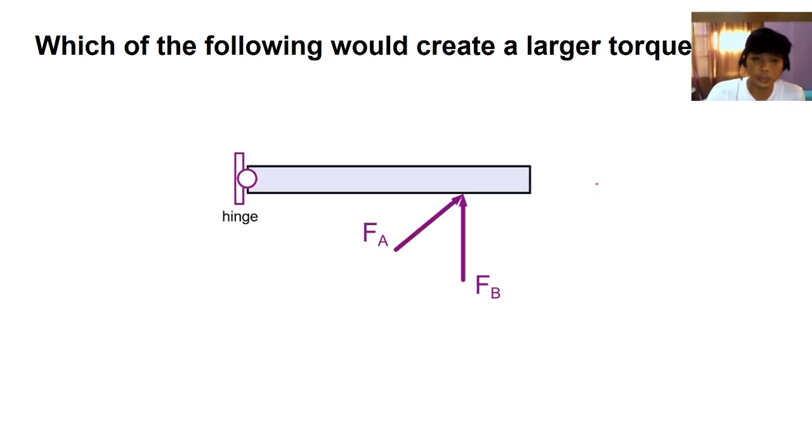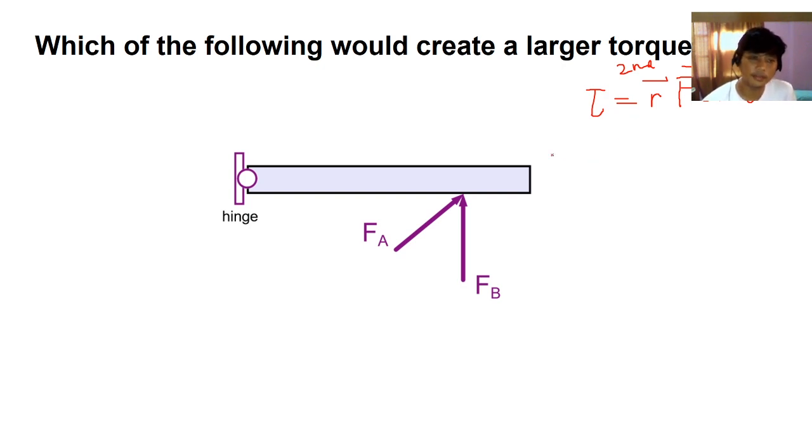Anyway, how about this? Which of the following would create a larger torque? For this particular example, we use the second way of measuring torque, which is that this time we involve the position vector, r, and the force, and the sine of theta. That is the short angle between the position vector and the force.